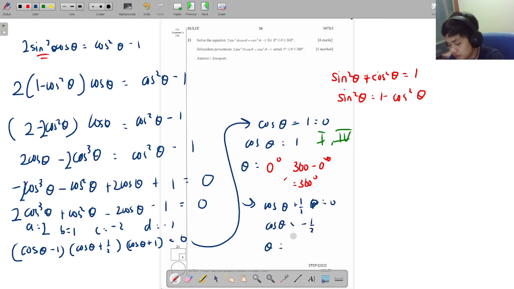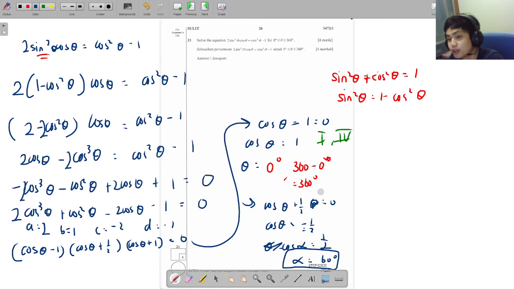Usually if there's a negative here, we find the basic angle first. So we say cos alpha equals half. The basic angle is the angle in the first quadrant. It's important, because if you just use shift cos on your calculator straight away without finding the base angle, you'll find the angle in one of the quadrants but miss one answer, because the calculator doesn't give 2 answers when you shift cos. So the basic angle is 60 degrees.